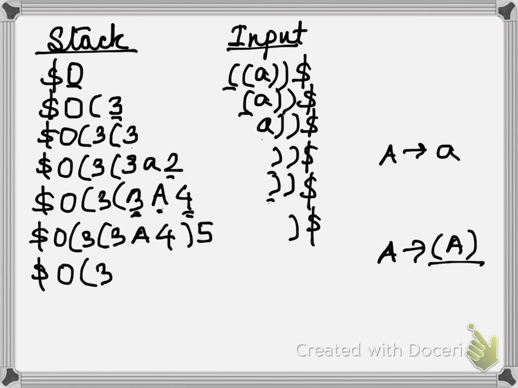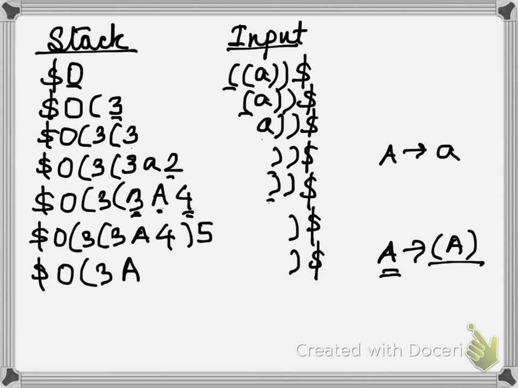I still have parentheses here. Now what will we have? We are replacing this by A. We have popped out these 6 elements and we have pushed in our right hand side, that is A. So now I have A here.